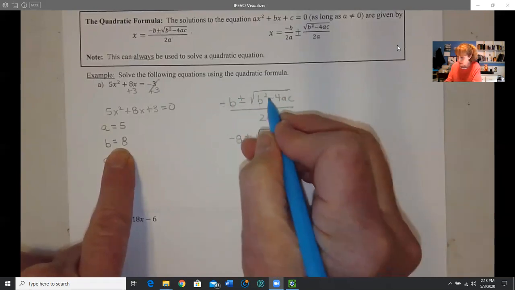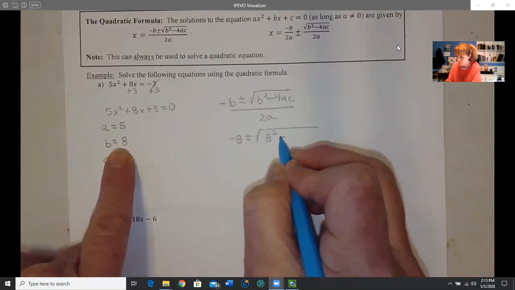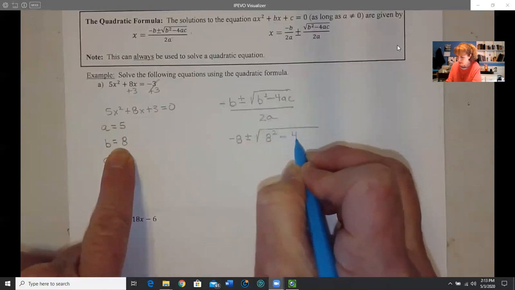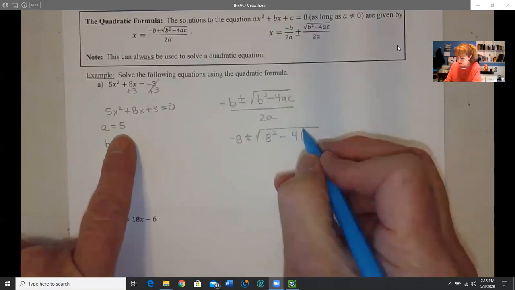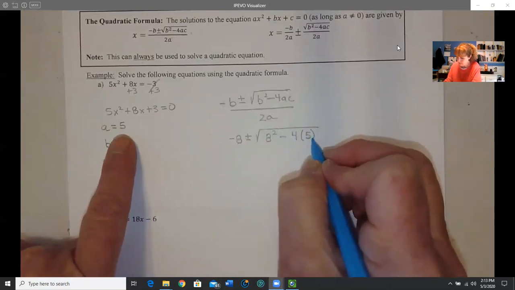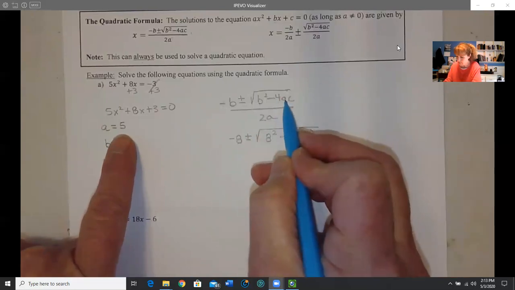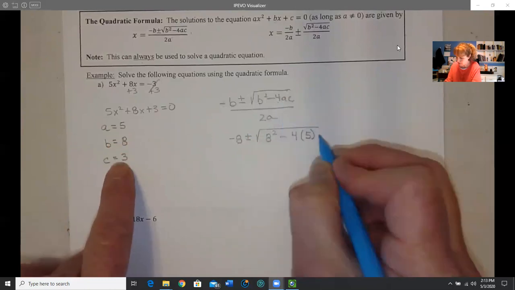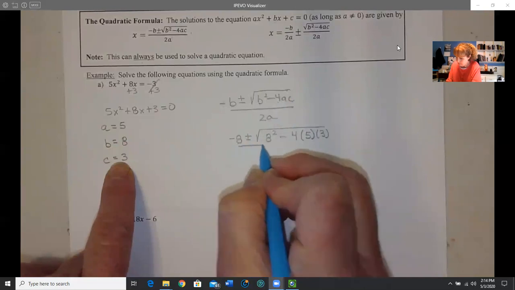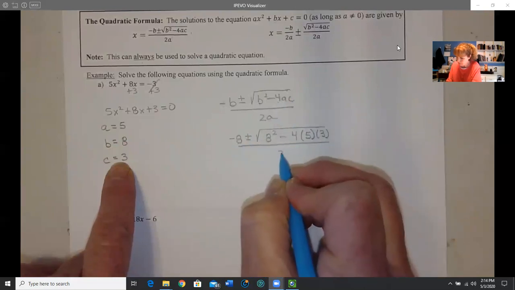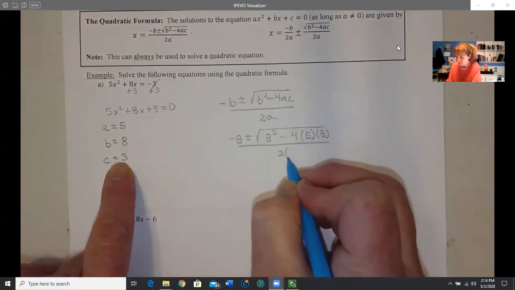Then we have a subtraction symbol. The subtraction is part of the formula. 4 is part of the formula. A is 5. So I have 4 times our a, which is 5, times our c, which is 3. All over 2. 2 is part of the formula.